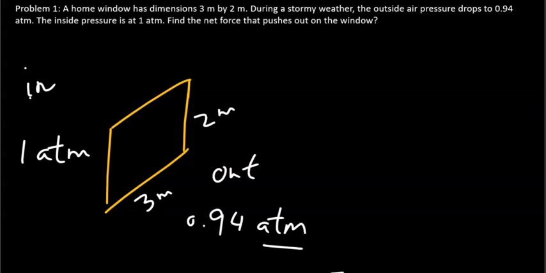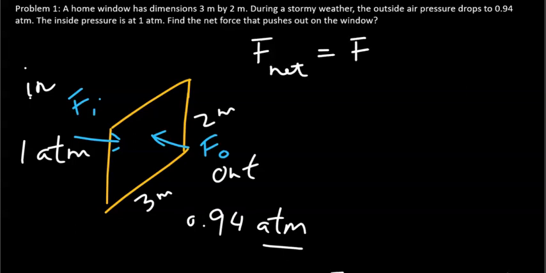The force on the internal side of the window is going to go like that. So let's call it Fi. The force on the outside of the window is going to go like that, all in 90-degree direction. So let's call that Fo. Now the net force is defined as Fi minus Fo.